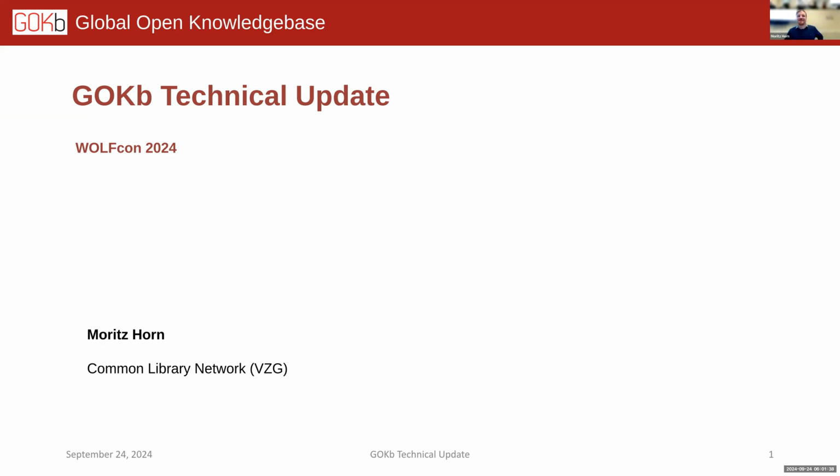You know who I am, or I will tell you who I am. My name is Moritz Horn, and I'm working for the Common Library Network in Germany, which is a network comprised of about 200 libraries, and we joined the Folio and OLF community quite a while back.